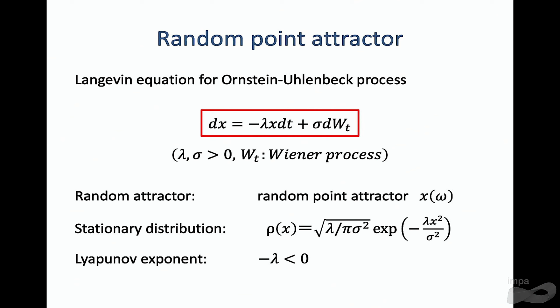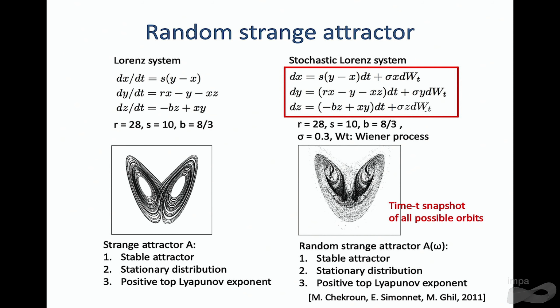This is an SDE and usually not discussed in this way, but we interpret this as a random point attractor depending on omega, the noise realization. The stationary distribution is Gaussian, and the Lyapunov exponent is constant and negative. So this is an interpretation. It's a completely solvable random dynamical system.